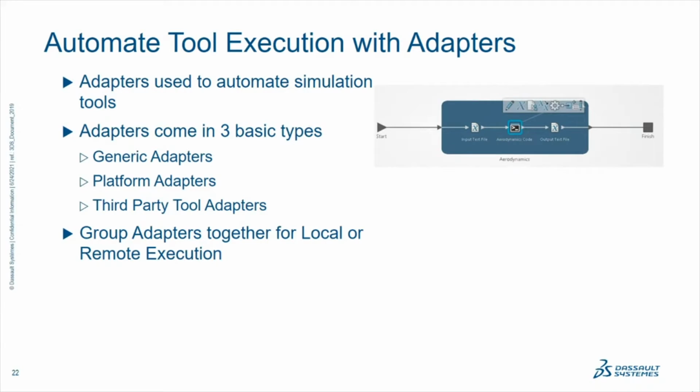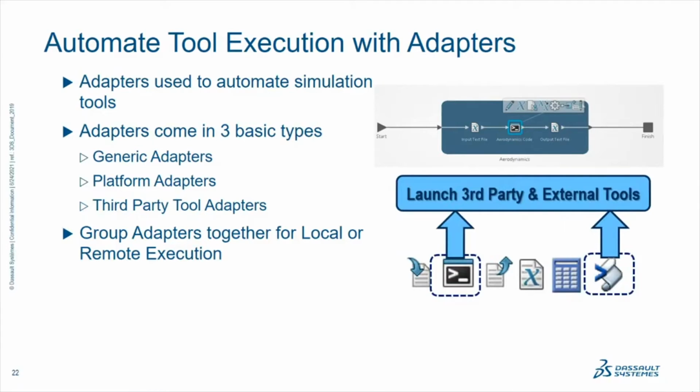This large blue box is called an activity, and within the activity, you use different adapters to perform different functions. There are many adapters available on the platform that allow you to interact with whatever simulation tools you want. There are generic adapters, which allow you to launch third-party applications and work with external tools. These are adapters that do very generic functions like execute a command, manipulate data in a file, do calculations, or run some scripts.